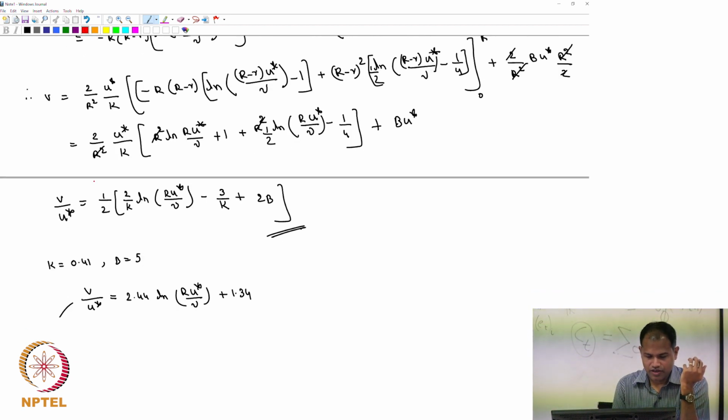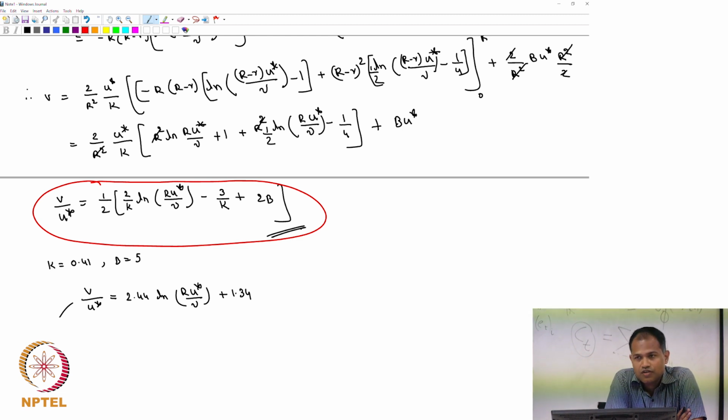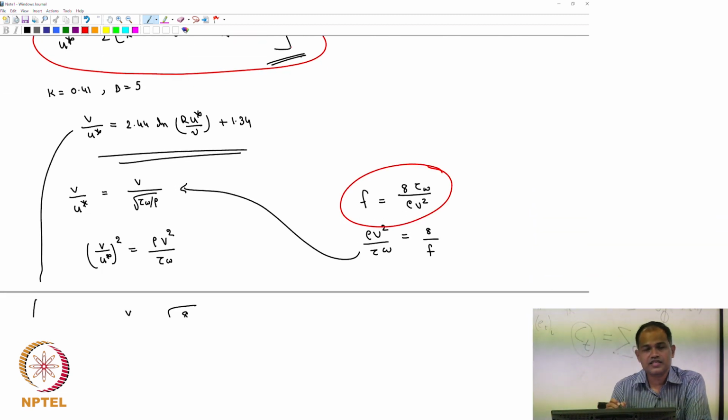Our intention is to calculate the friction factor, which we could have done by calculating the pressure drop and the wall shear and so on. Instead, we knew that average velocity, wall shear stress and friction factor are all related. So we exploited that relation and rewrote the velocity profile in terms of friction factor and Reynolds number directly. That's all we have done.